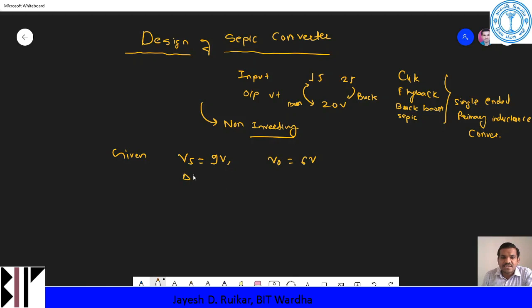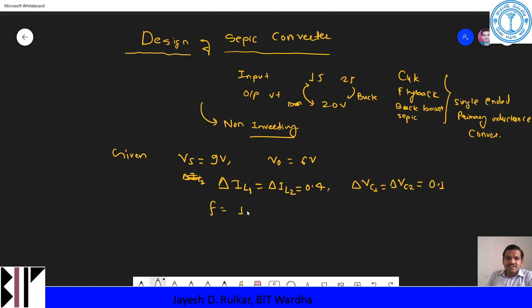The change in the inductor current across L1 is equal to the change in the inductor current across L2, which is 0.4. The change in the voltage across capacitor 1 is equal to the change in the voltage across capacitor 2, which is 0.1. And the frequency is 100,000 hertz, that is 1 lakh hertz.